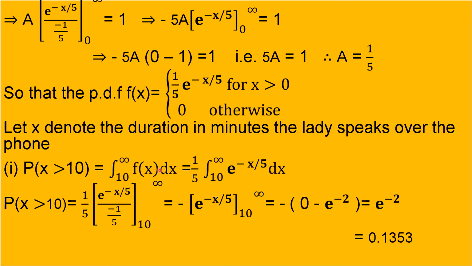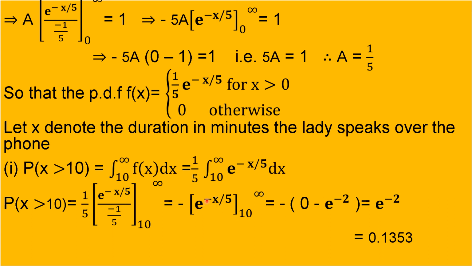Integral 10 to infinity of f of x dx, where f of x is 1 by 5 into e power minus x by 5 for x positive. Here x are all positive. Keeping 1 by 5 outside the integral sign, integration of e power minus x by 5 is e power minus x by 5 divided by the coefficient of x, minus 1 by 5. 5 gets cancelled, minus sign outside the bracket, difference of e power minus x by 5 at the upper limit infinity and lower limit 10.